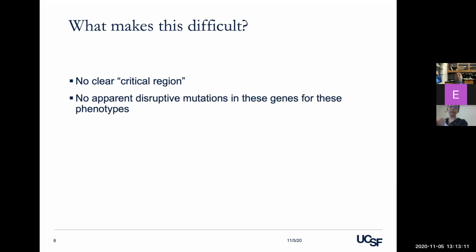Same with disruptive mutations. Again, if there is a mutation in one of these genes that was consistently causing the same trait, then we know that's the gene to look at, but that has not been found for my genes. People have studied this in animal models, in mice, Drosophila, zebrafish.